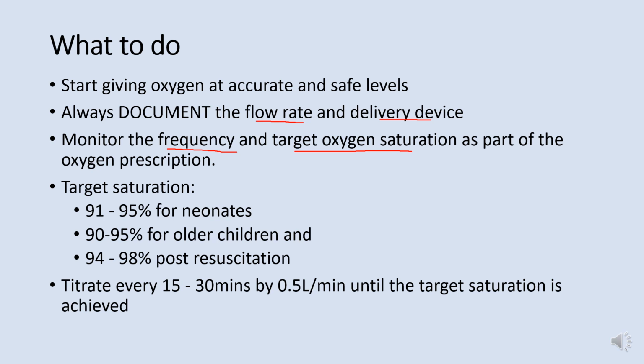So you give them oxygen by nasal prongs at 2 liters or 3 liters per minute. Every 15 to 30 minutes, you should be observing and monitoring them to see how far away you are from achieving your desired oxygen saturation. And so your adjustments will be by 0.5 liters per minute.